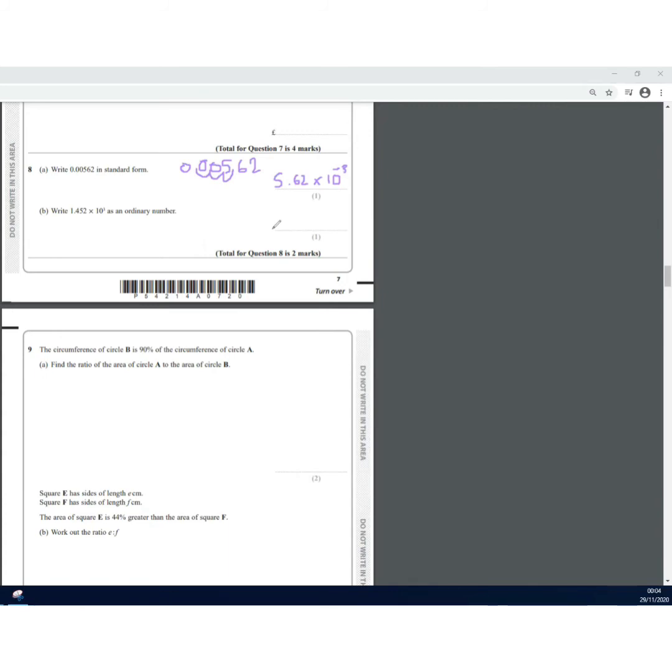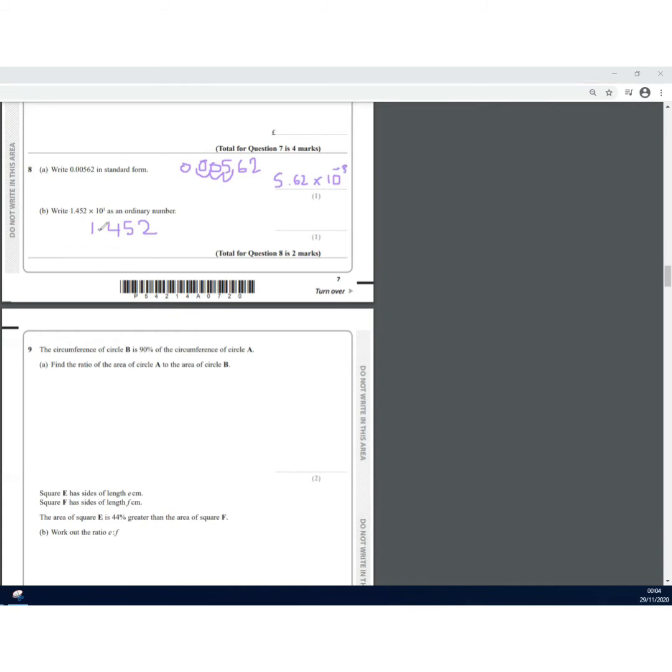That is now the standard form of that given ordinary number. Now in part B, they've already given us a standard form, so we would need to convert it into an ordinary number. To convert it, again, the power is positive, so I'll move the decimal place 3 places to the right. Currently the given number is this.